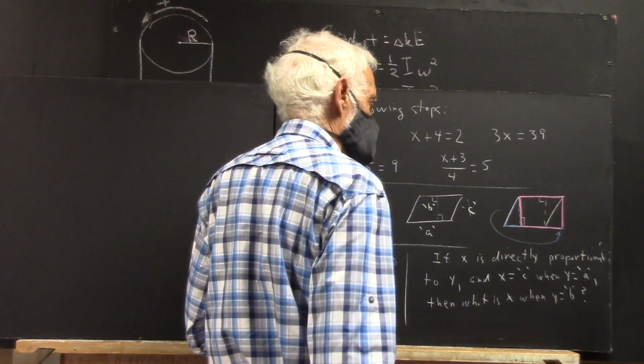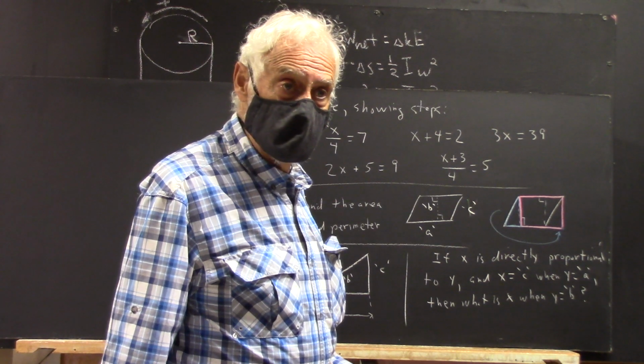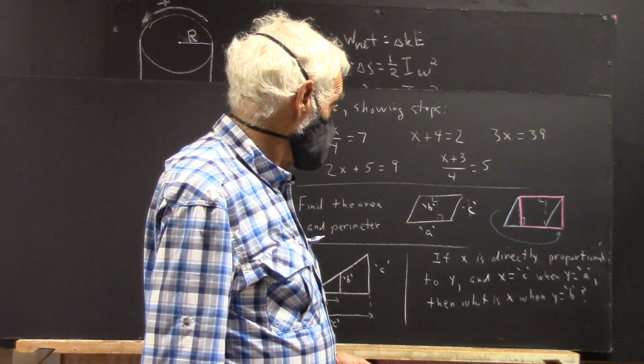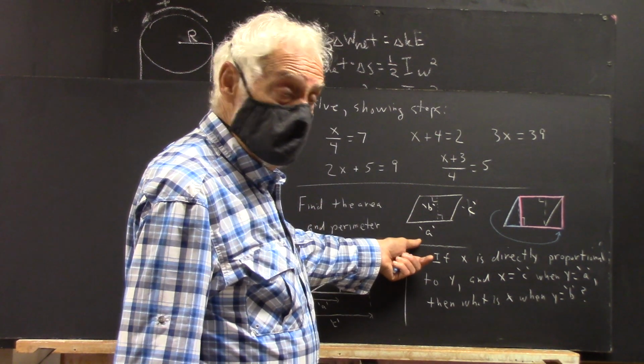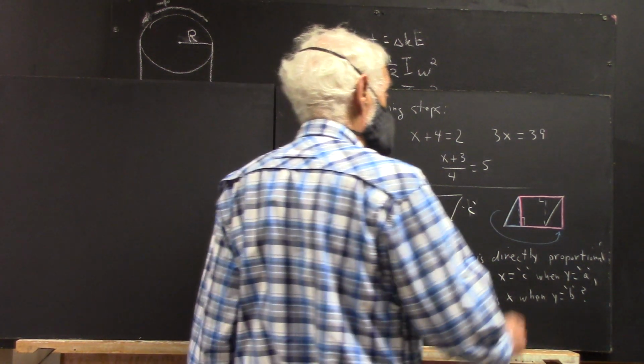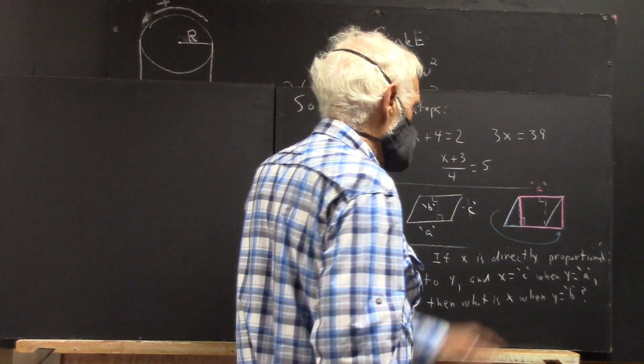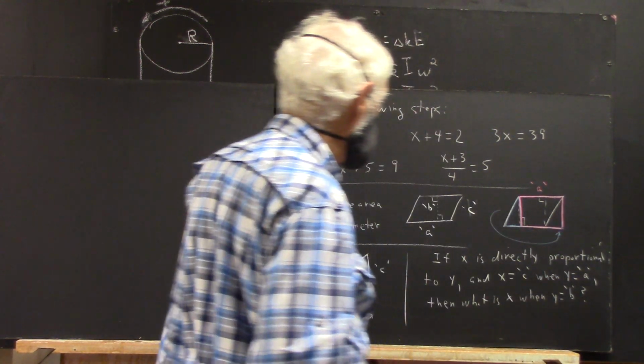What's the length of this rectangle? It's A, right? Because this side is A, this side is A, if it's a parallelogram. So this is A. Okay, what's this side?